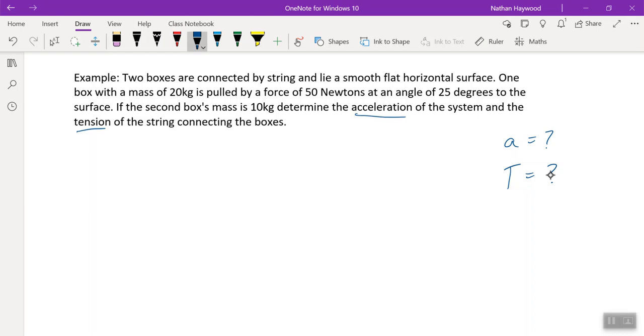So what was my first tip? Most force questions, you want to draw a diagram.